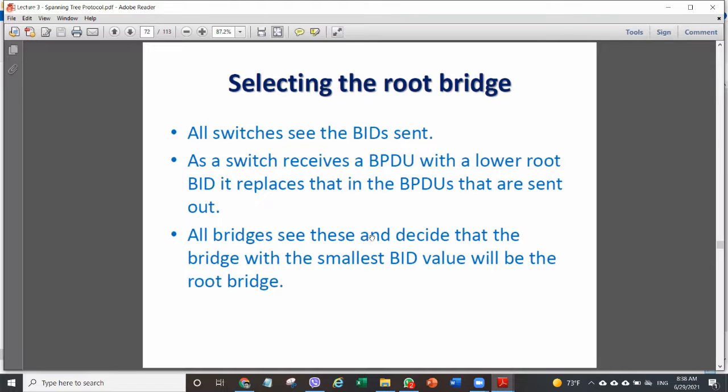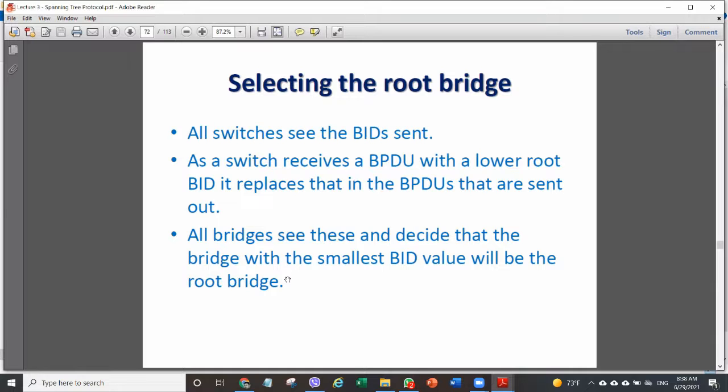All bridges see this and decide that the smallest bridge ID value will be the root bridge, simply. So finally, the bridge ID or MAC address, as far as priority is the same for all.